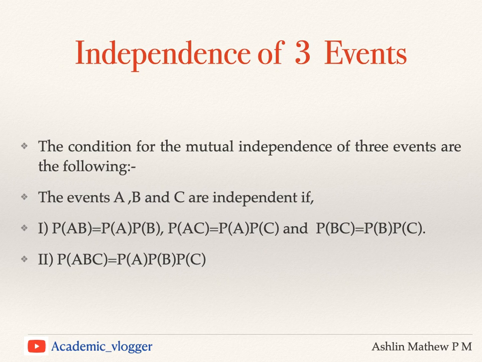In the case of three or more events, pairwise independence does not imply mutual independence. So the first and second conditions have to be satisfied simultaneously. Only then will these events be independent. To show that pairwise independence does not imply mutual independence, we can use a counterexample.